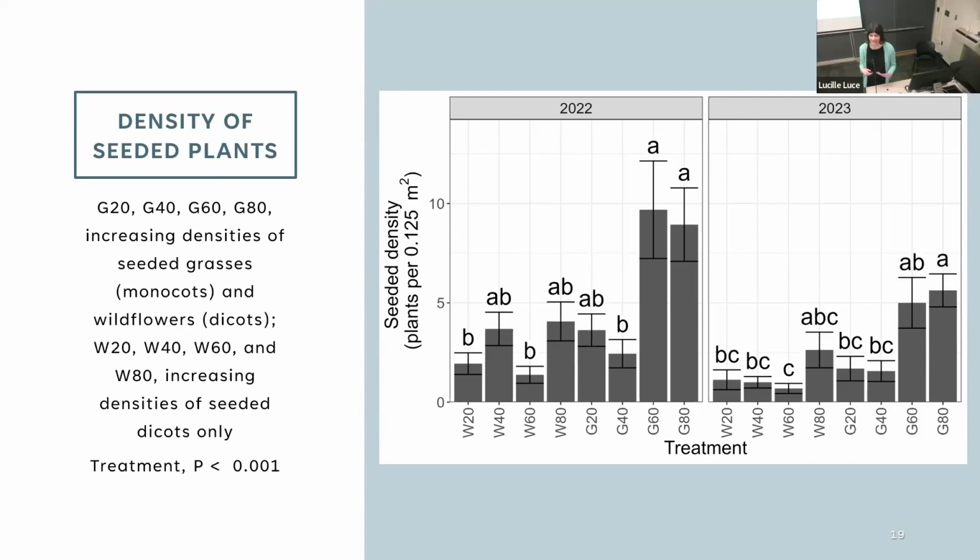What we see is that there is a significant effect of treatments on the density of seeded plants. Specifically, that density is highest in the G60 and the G80 treatments. That is, the ones that have both the grasses and the flowers planted at the highest seeding density. That's pretty consistent with expectations, right? That's what we thought would happen.